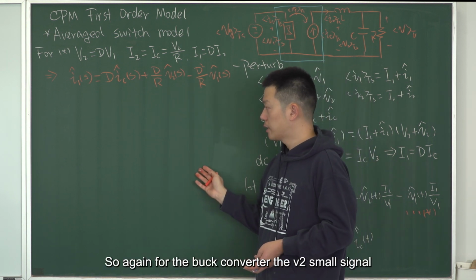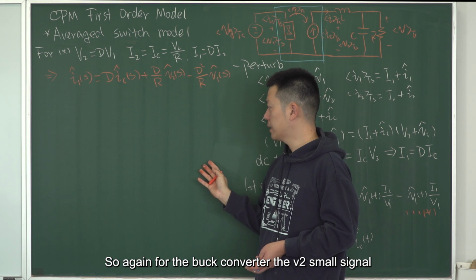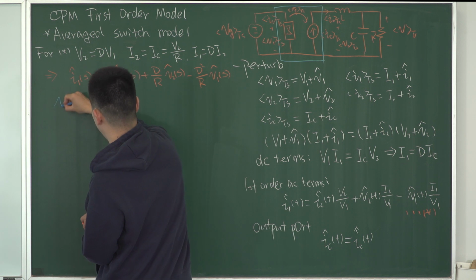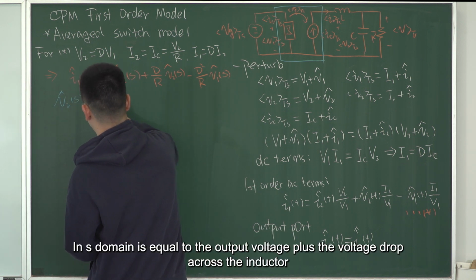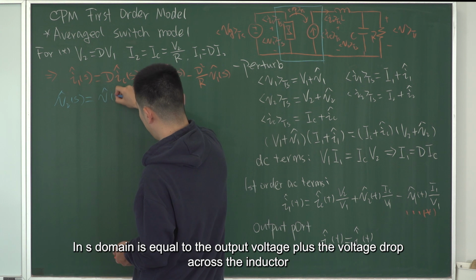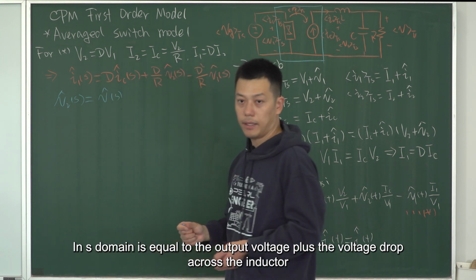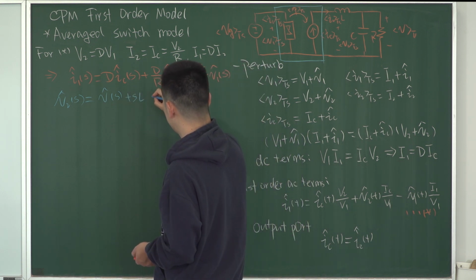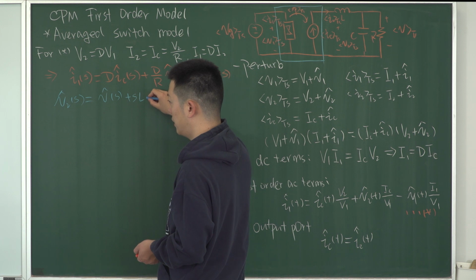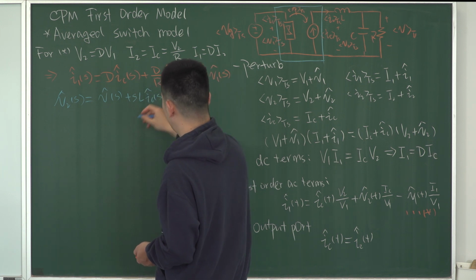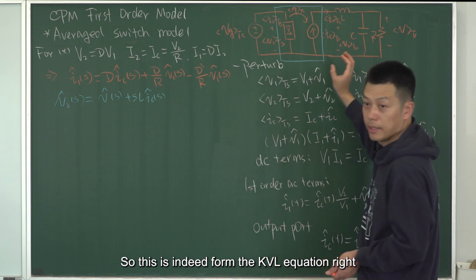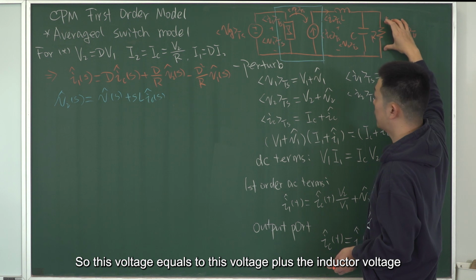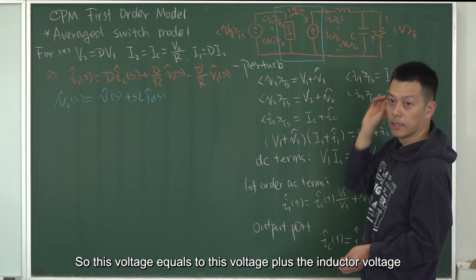Again, for the buck converter, the V2 small signal in S domain is equal to the output voltage plus the voltage drop across the inductor, SL times the current. This is indeed from the KVL equation: this voltage equals this voltage plus the inductor voltage.